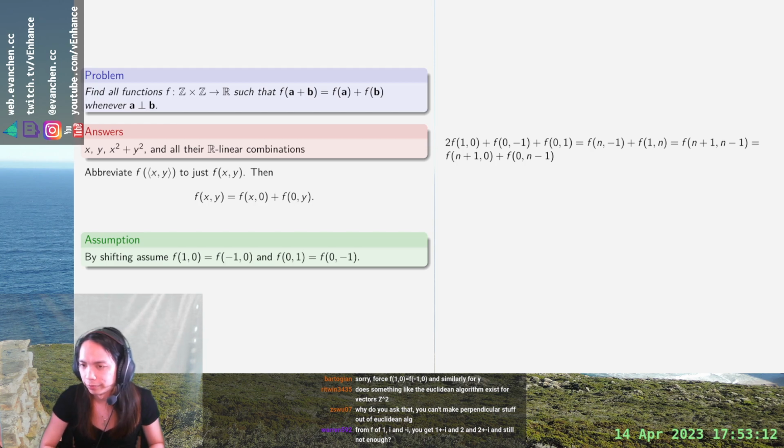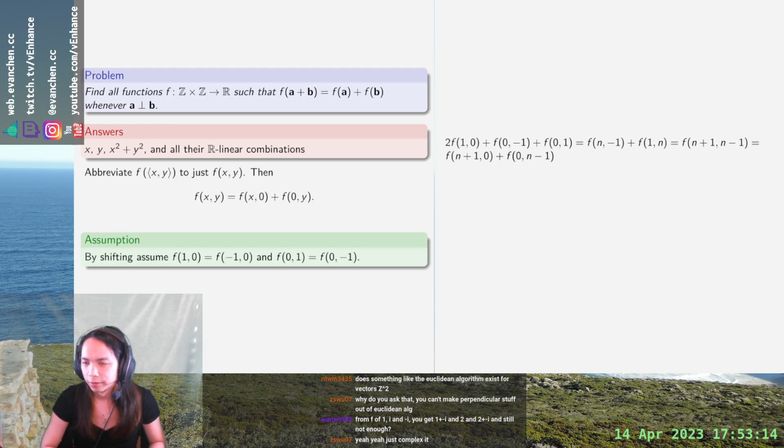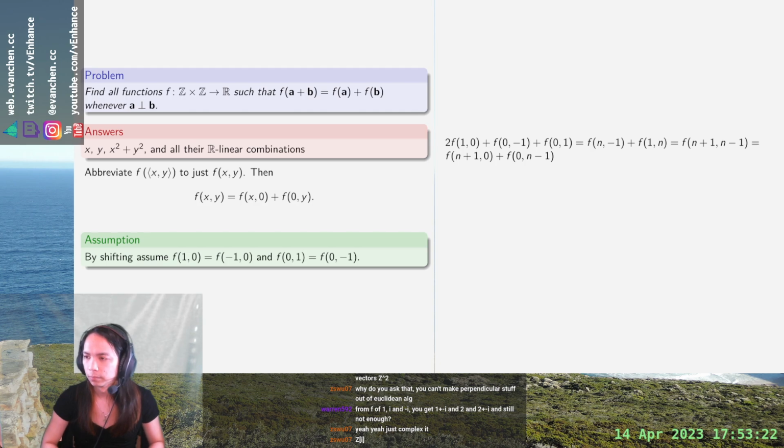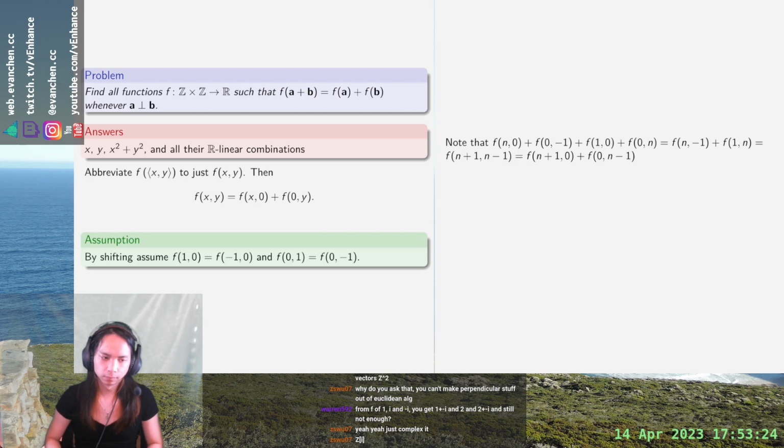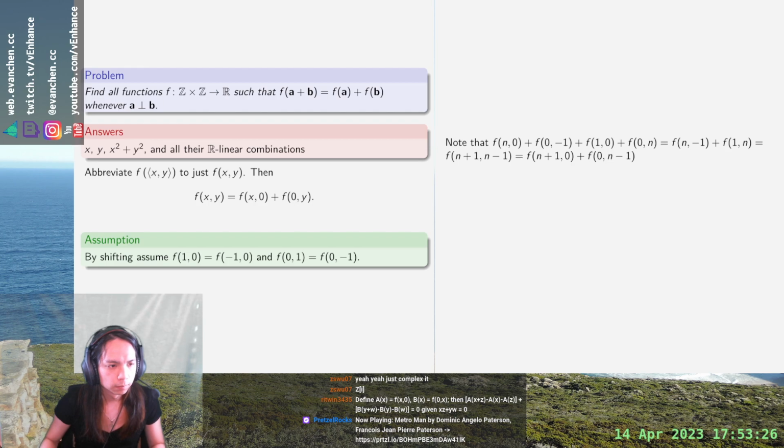And then here I have to... Yeah, Gaussian integers is alright.